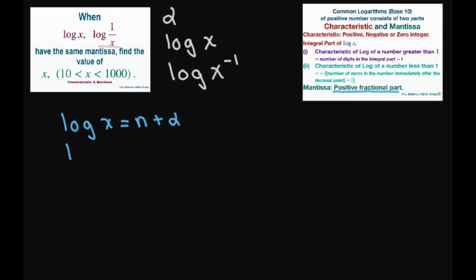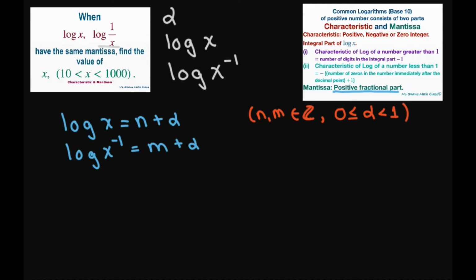And also log of x to the power of -1 equals some integer for the characteristic plus the same mantissa. So basically your n and m are both integers, and our mantissa has to be a fraction between 0 and 1.